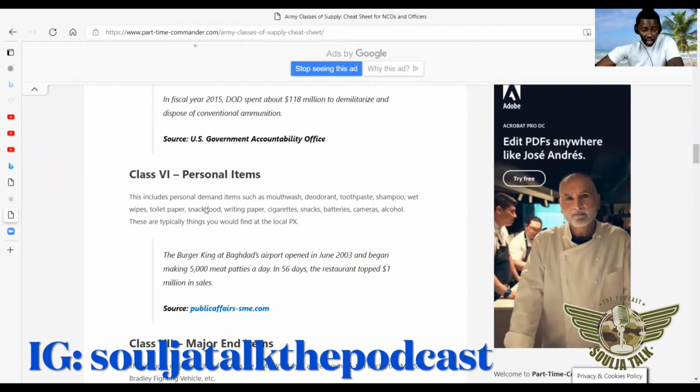This includes personal demand items such as mouthwash, deodorant, toothpaste, shampoo, wet wipes, toilet paper, snack food, writing paper, cigarettes, snacks, batteries, chemicals, alcohol. For those out there who don't know, you hear a soldier say, where's class 6? Nine times out of 10, they're going to buy some alcohol or something like that. So that's all your class 6.